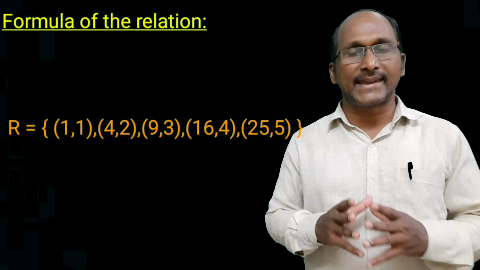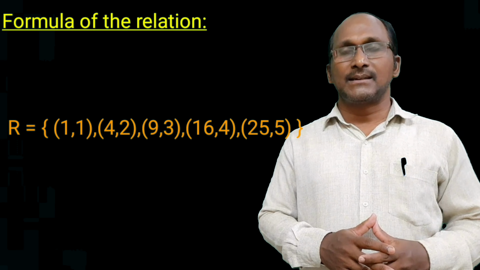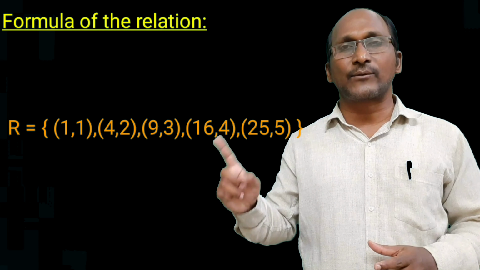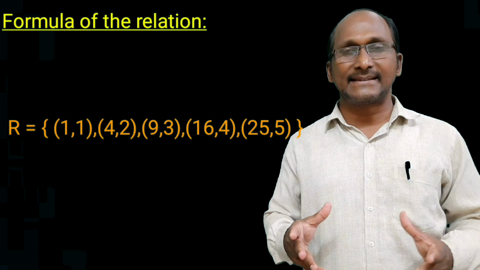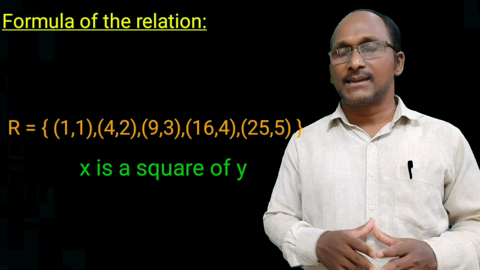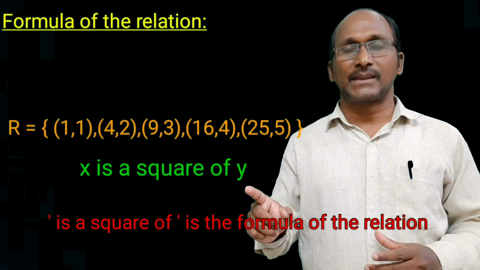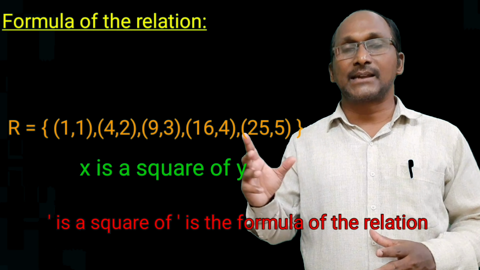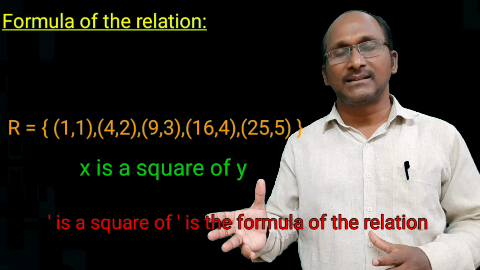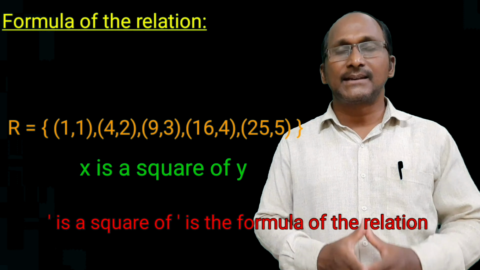In this relation, we can observe that in each ordered pair, the first coordinate is the square of the second coordinate. That is, x is a square of y. So, "is a square of" is taken as the property of the relation, which is called the formula of the relation.